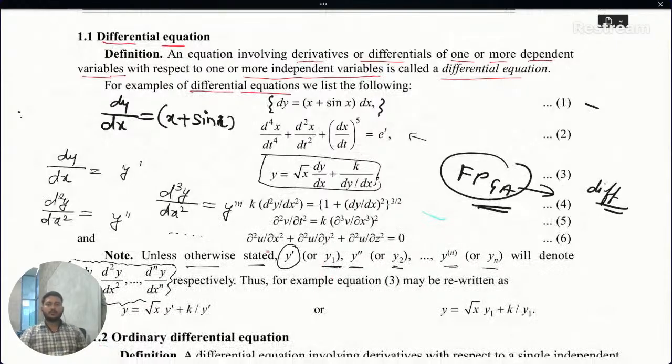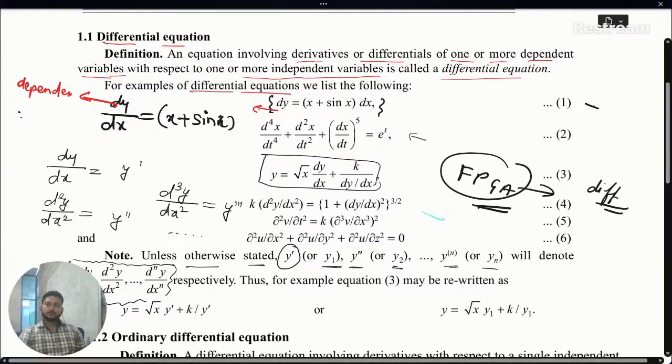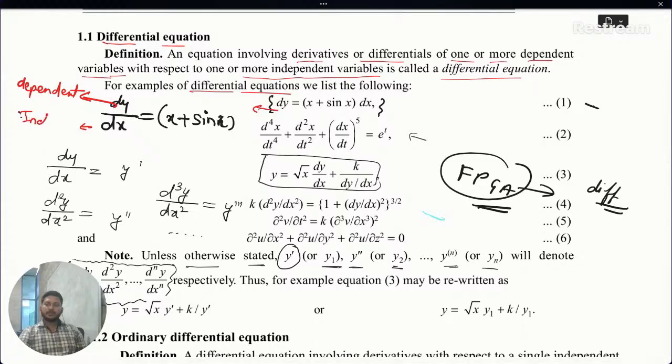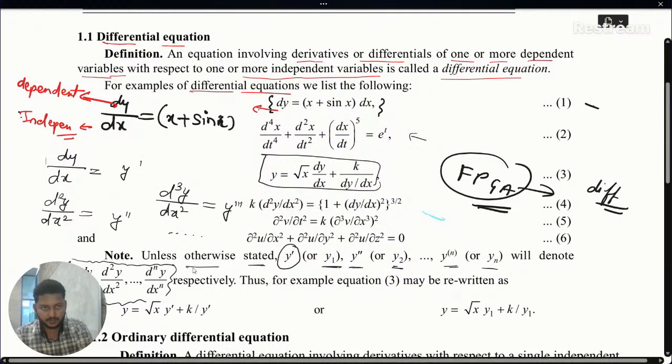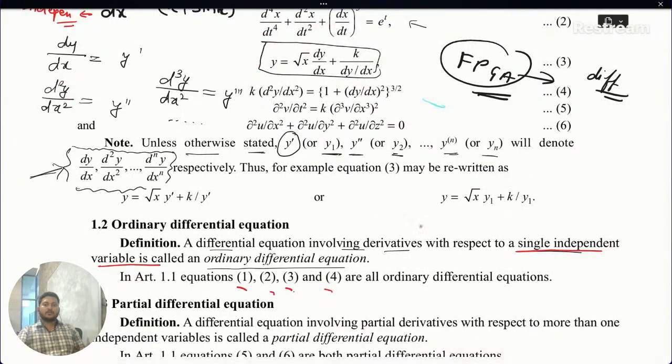You may write it like this: here is the dependent variable and these are the independent variables. Equations first, two, three, and four are all ordinary differential equations. An ordinary differential equation is a differential equation involving derivatives with respect to a single independent variable, so we say this is an ordinary differential equation.